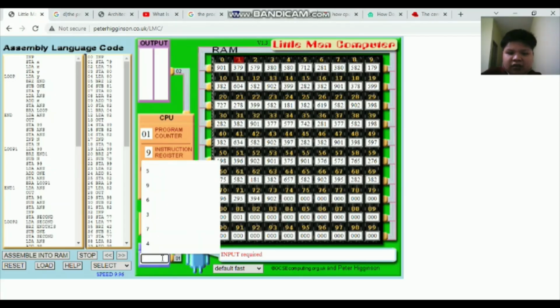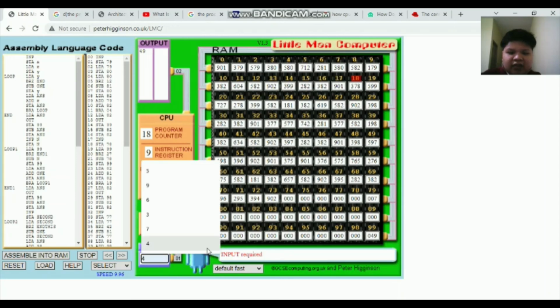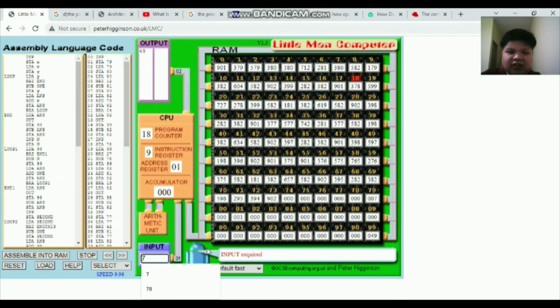So first we try c squared. 7 squared is 49. Okay, we can see our answer 49. After that we divide by d. Our d is 7. 49 divided by 7, we get 7.